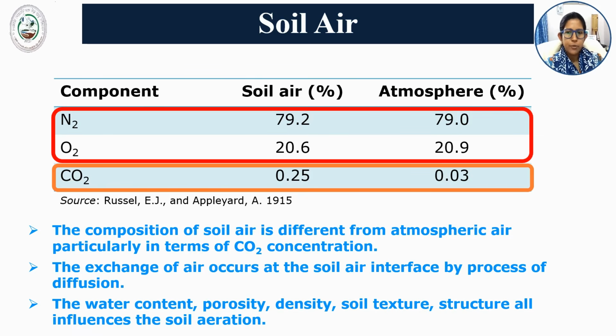Waterlogged soil has a different chemistry compared to well aerated soil, so a balance between soil air and soil water content is highly essential to ensure proper crop growth. The composition of soil air is different from atmospheric air, as we have already discussed. The exchange of air occurs at the soil air interface by the process of diffusion, and water content, porosity, density, soil structure and texture all affect the soil aeration process.